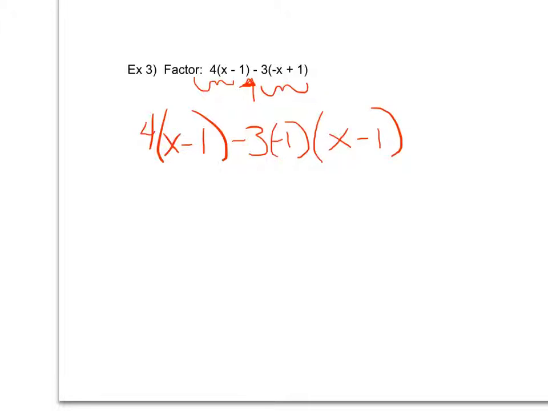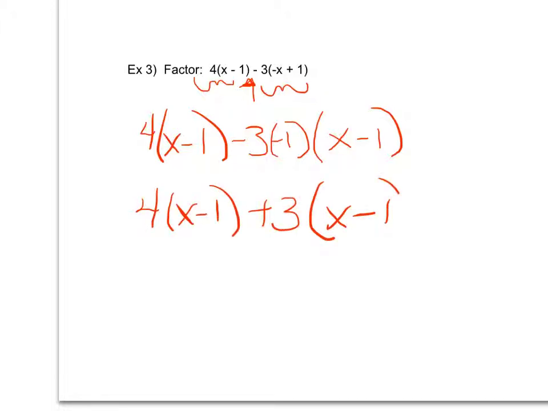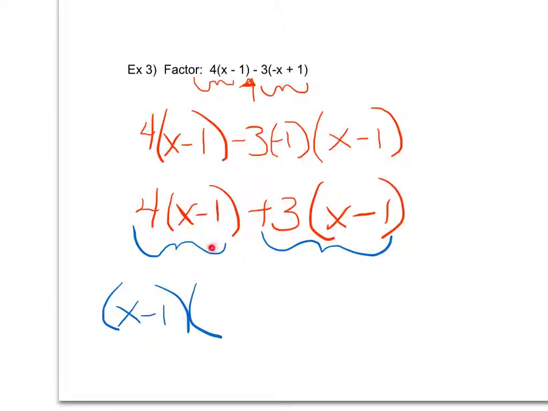I'm going to go ahead and multiply these together, giving me 4 times x minus 1 plus 3 times x minus 1. Now, my two terms have that common factor of x minus 1. So I'm going to take that x minus 1 and pull it to the front. When I take an x minus 1 out of my first term, I'm left with 4.